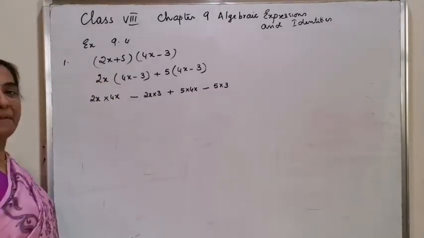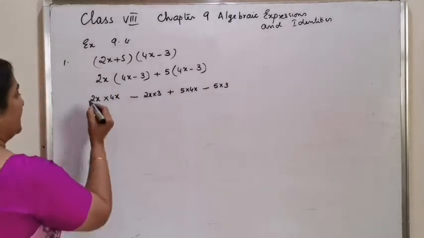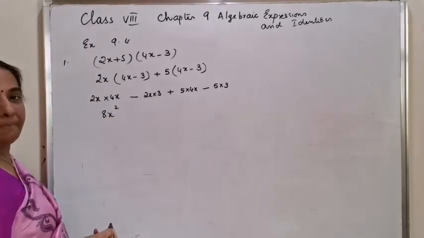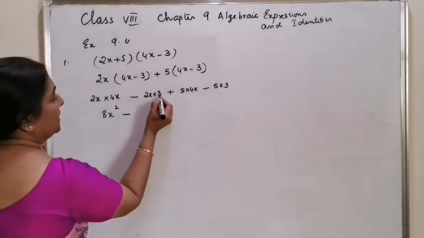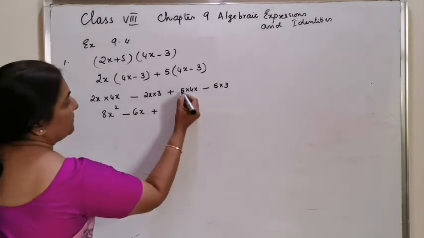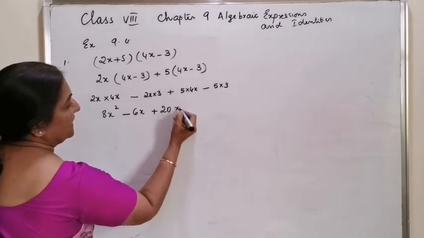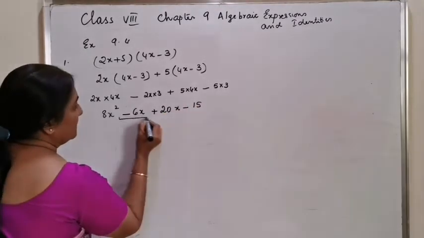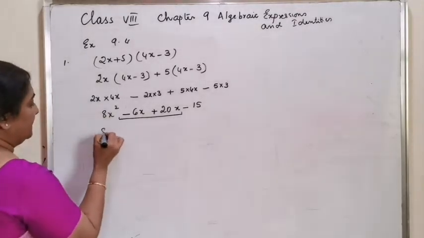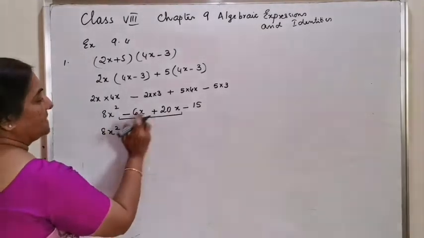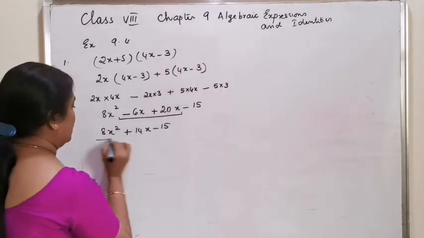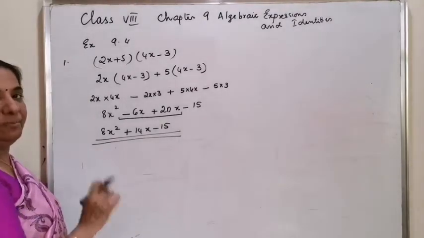Once you are thorough in expansion, you can do it directly. 2 into 4 is 8, x into x is x square, minus 2 into 3 is 6, 6x, plus 5 into 4 is 20x minus 15. Minus 6x and 20x are like terms, that is 8x square, minus 6 plus 20 is plus 14x minus 15. So the answer is a trinomial.